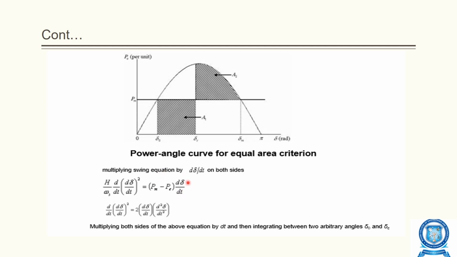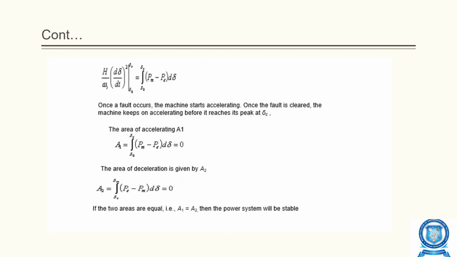Multiplying inside, d by dt of (d delta by dt) the whole square is equal to 2 times d delta by dt into d square delta by dt square. Multiplying both sides of the above equation by dt and then integrating between the arbitrary values of delta naught and delta c. So here the equation is like this.